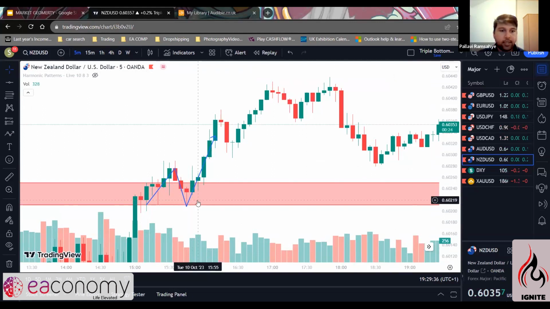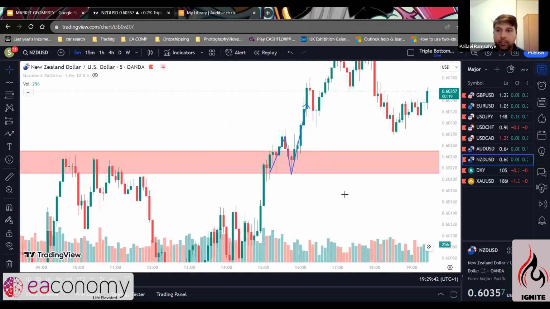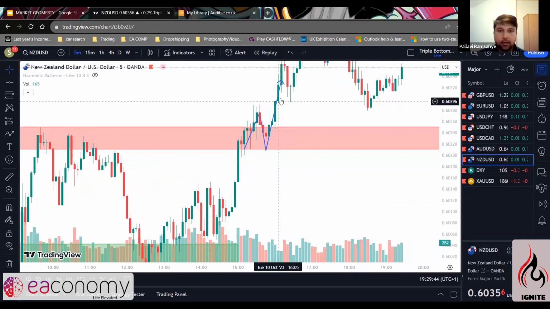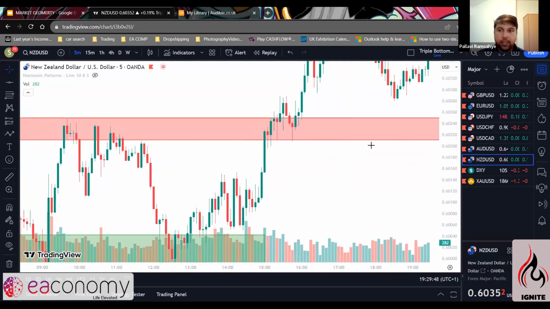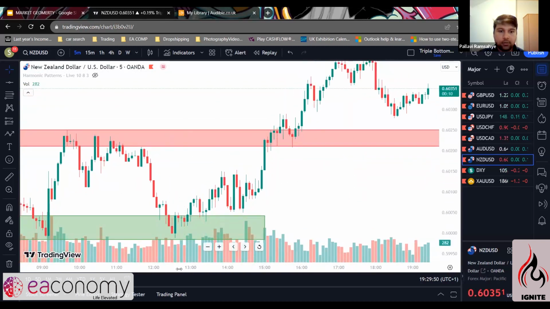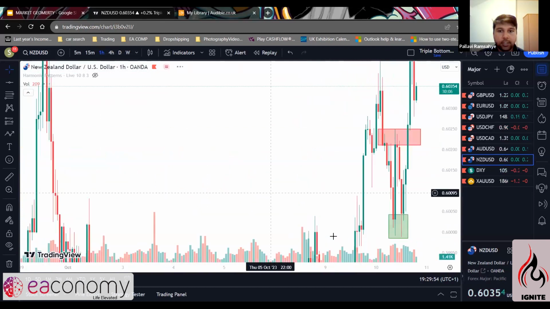Okay, perfect. That's fine. So with the retest, what we're looking for, I'm going to draw it out again. So let me delete that. With the retest, you can even see the retest on the 1 hour, actually.